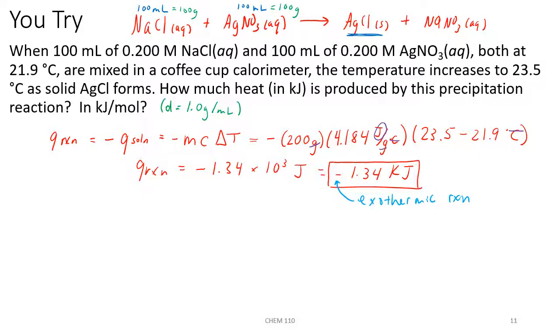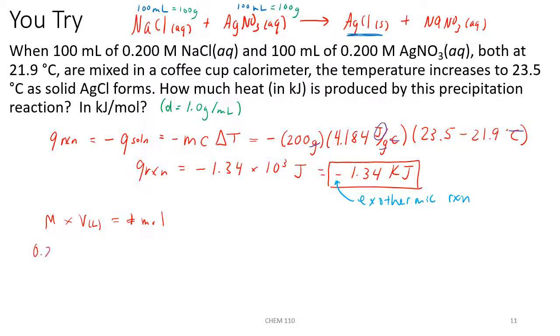If we want to calculate our heat in units of kilojoules per mole, we can figure out our number of moles by taking the molarity times the volume in liters. And since we have sodium chloride and silver nitrate both being the same concentration, and we are using the same volume of both of them, we can pick either one.